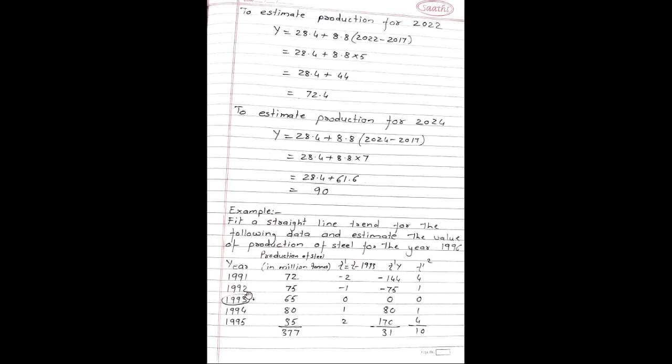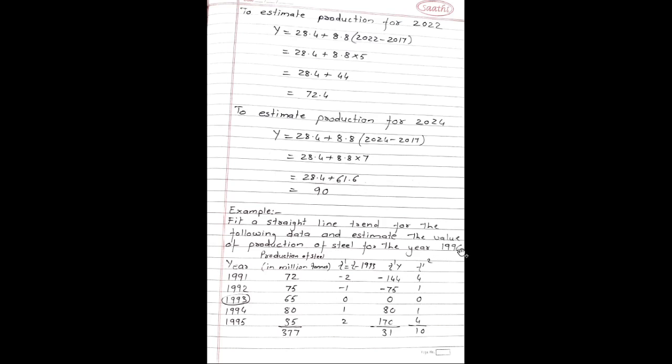For 1992, the production of steel is 75 million tons. For 1993, the production becomes 65 million tons. For 1994, the production is 80 million tons. And for 1995, the production is 85 million tons.